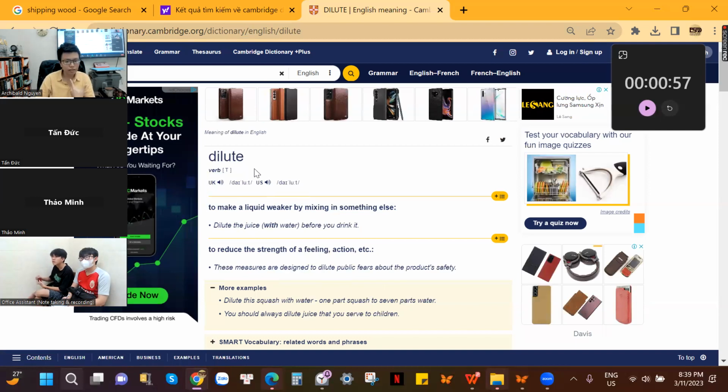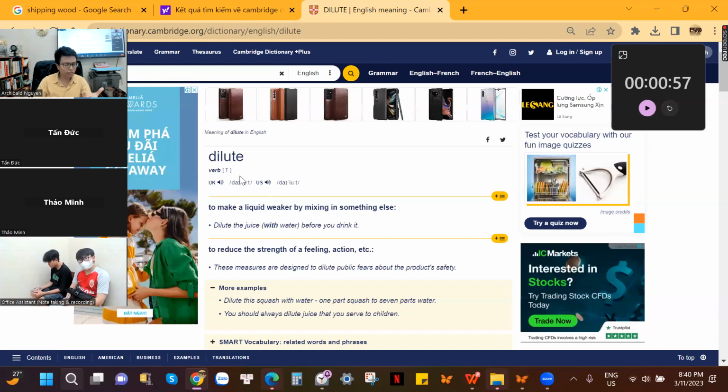So first, my situation for the word dilute when it comes to making a liquid weaker. After studying or working with me for a while, you know for sure that I'm in love with coffee. Everything I do, I love having a cup of coffee on my table, and even if I don't drink coffee, I just love having a cup of coffee on my table. Just like illusions, those kinds of illusions make me feel perfect and energetic for my work for no reason. Somehow, in the morning I make coffee and my coffee tastes really bitter.